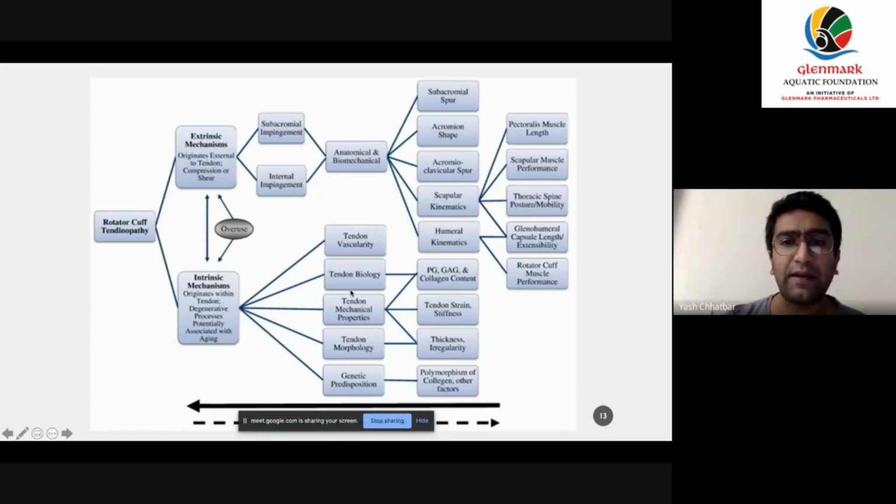Then intrinsic factors, tendon vascularity. Every muscle and structure in the human body is supplied by blood vessels. They need blood. Just like blood circulates throughout the body, each and every muscle has some vascular supply. So there are certain areas in those muscles, the rotator cuff, which are not as vascular as the other parts.